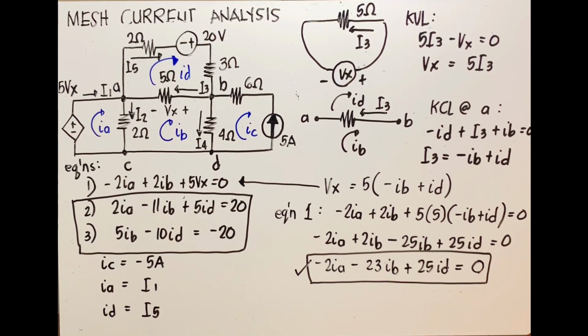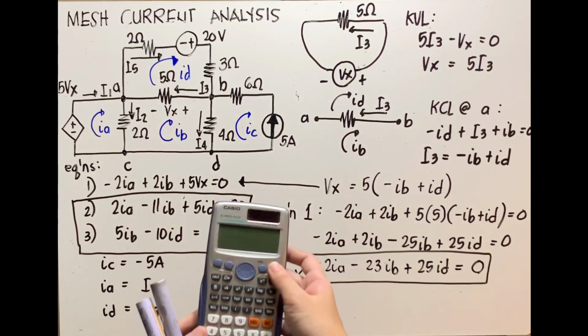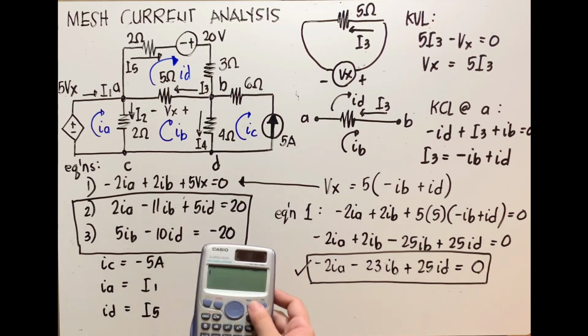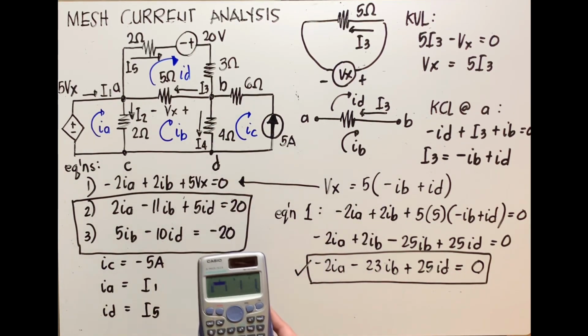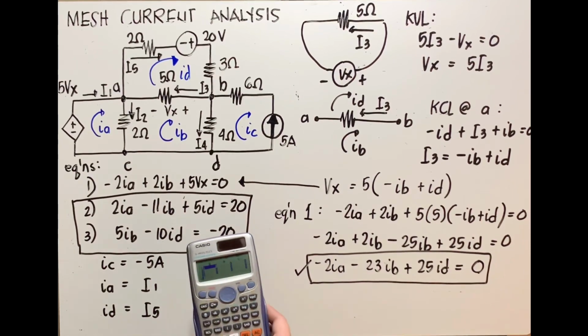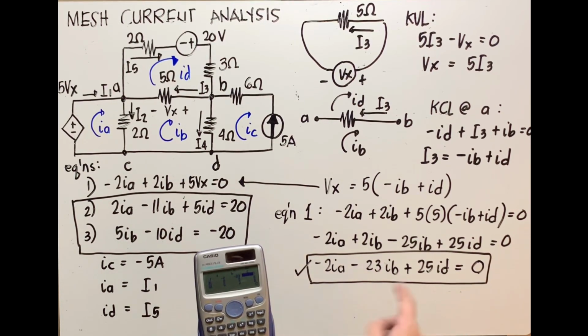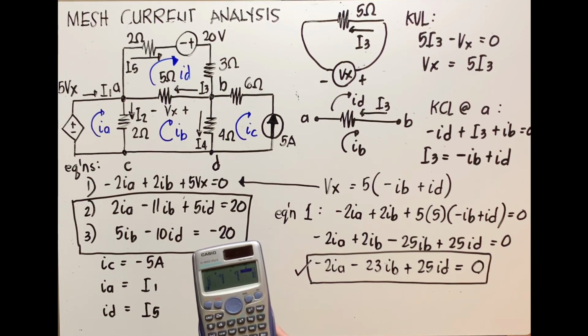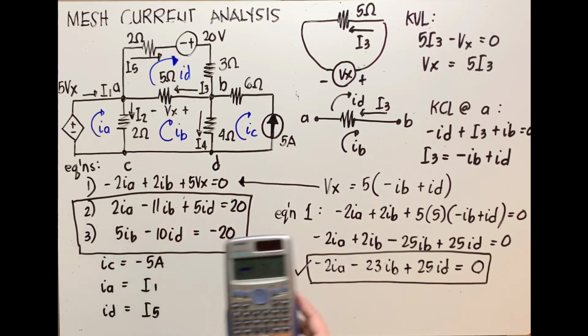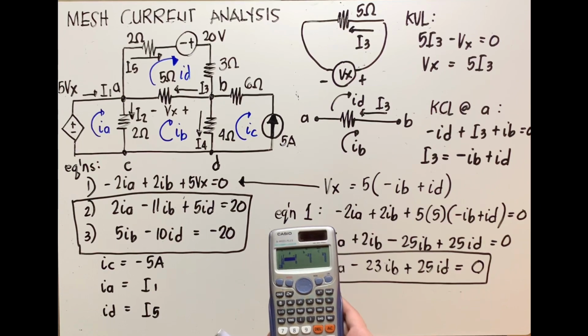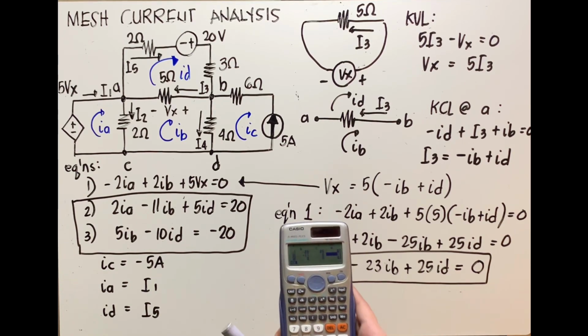So, we're going to get our calculator for that since meron na akong ABD. Let's get our calcu and type that in our calculator. That's mode 5-2. Let's start with this. That's negative 2, negative 23, positive 25, and then 0. And then for the second equation, we have 2, negative 11, positive 5, and then positive 20.